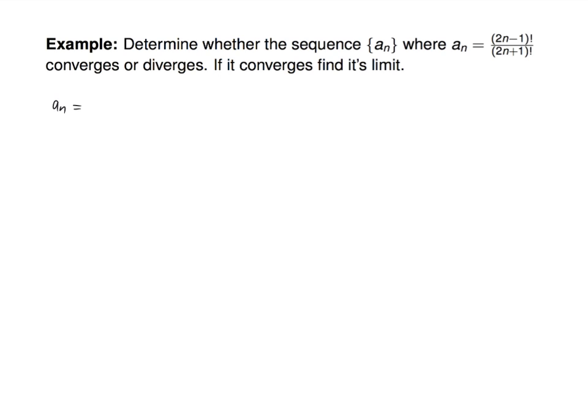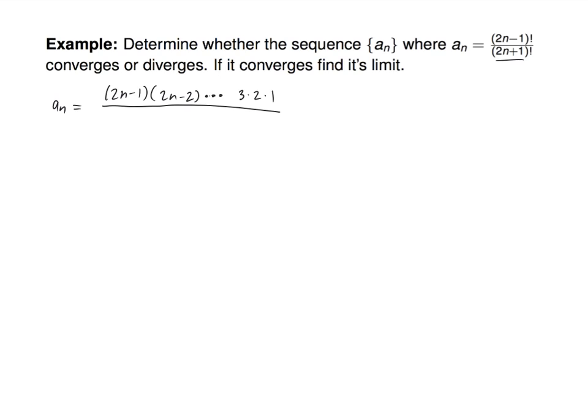Okay, this one: 2n minus 1 factorial over 2n plus 1 factorial. First we're going to simplify this. So 2n minus 1 factorial starts with 2n minus 1. What's 1 less than 2n minus 1? 2n minus 2, etc., down to 3, 2, 1. How many numbers are in the middle depends on what n is, and we don't know what n is, so you just use dots to show it keeps going.